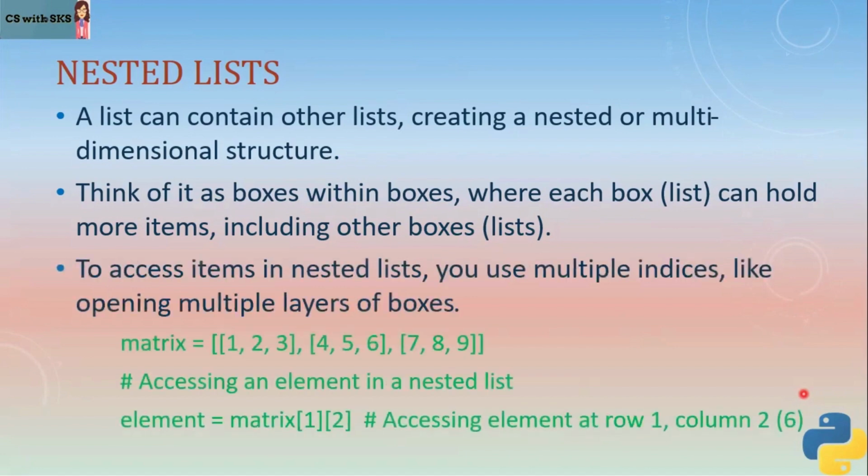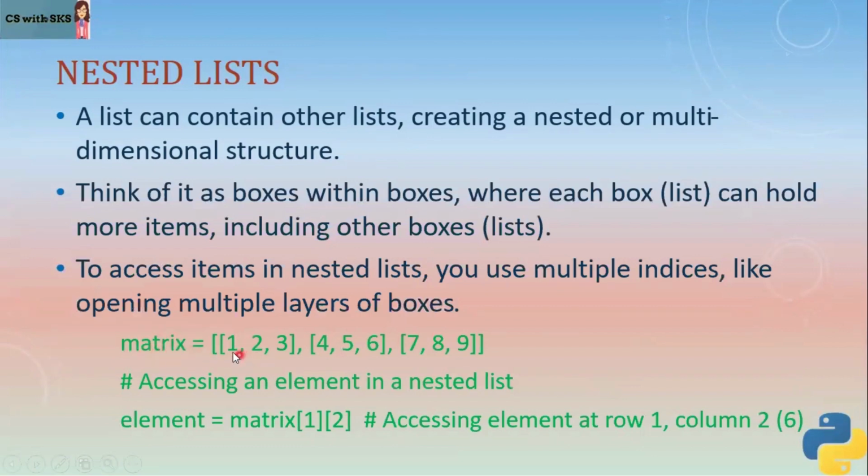To access items in nested lists, you must use multiple indices, like opening multiple layers of boxes. So if you look at this example, I have given it a name as matrix.